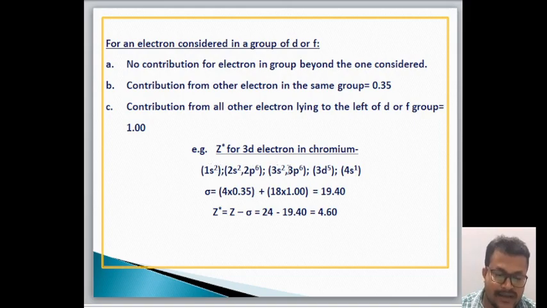So a total of 18 electrons are present in these groups, and the contribution will be 1, so 18 into 1. So we have got the value of the screening constant as 19.40. To calculate the effective nuclear charge, we have to subtract the screening constant value from the atomic number. So 24 minus 19.40 will give the value 4.60.